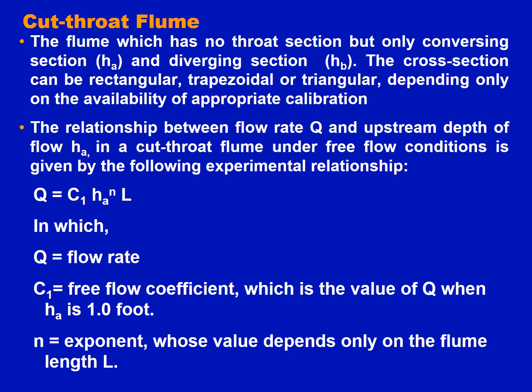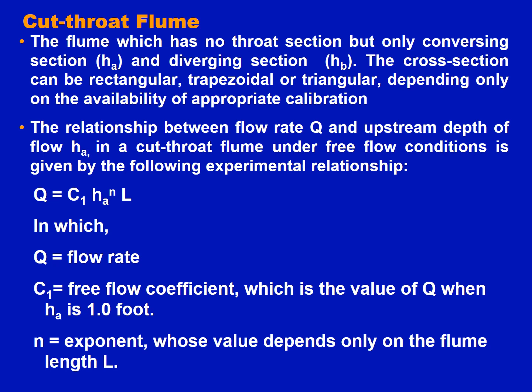Now this is the equation for measuring the discharge of a cut throat flume: Q = C1 HA^N, multiplied by L. Q is the discharge. C1 is the free flow coefficient, which is the value of Q when HA is 1 foot. So what is C1?